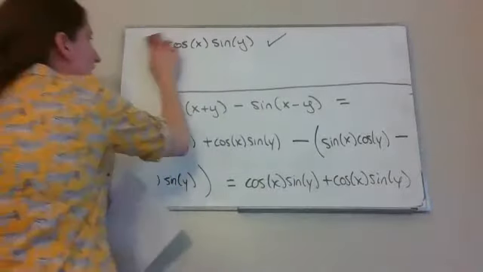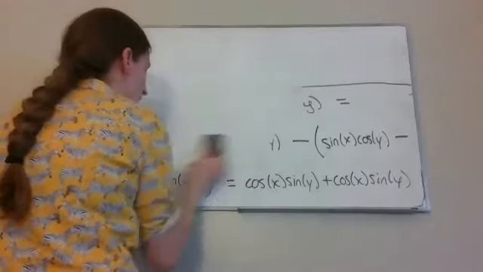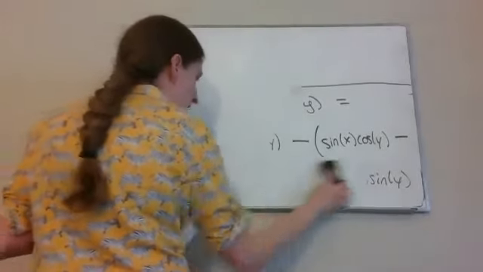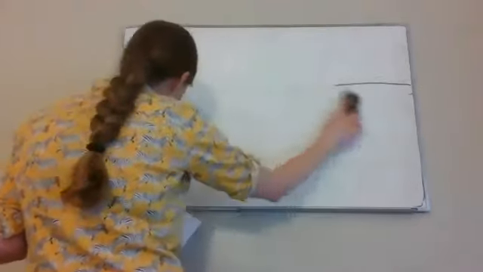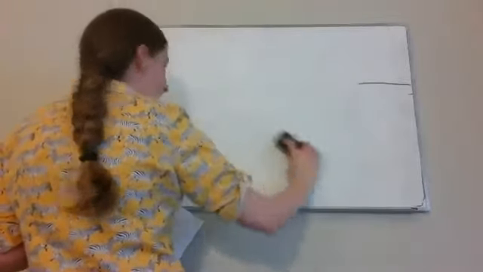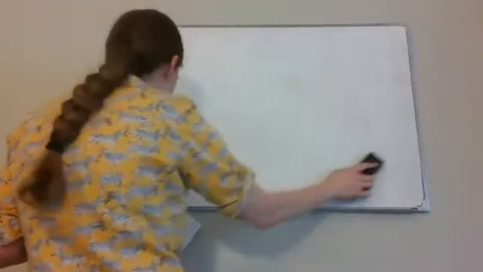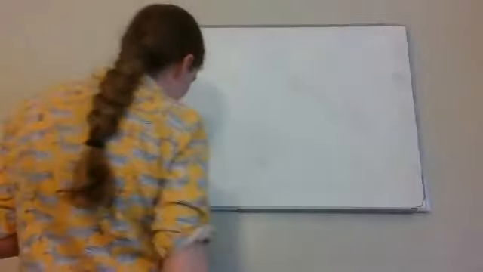Now, one last thing that we can do with these sum or difference formulas is rewriting an expression that looks like a number times sine plus a number times cosine into an expression that just contains a sum.